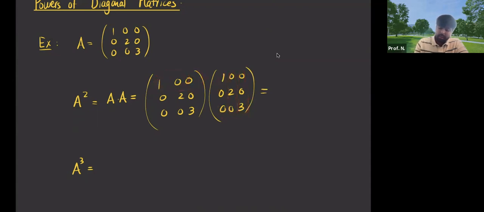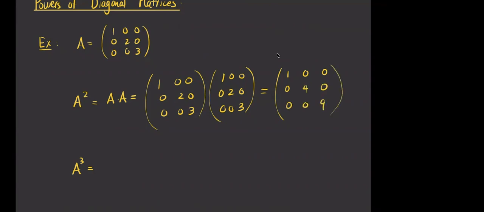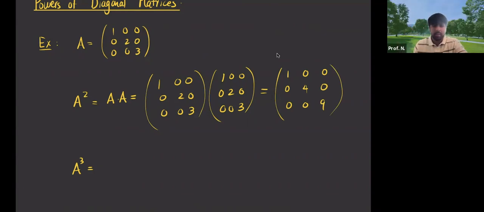Do you see how the first row is just going to be 1, 0, 0? And look what happens here. A lot of these zeros cancel things out. But what happens? We get 0, 2 times 2 is 4, 0. And we get 0, 0, 9. So when you square a diagonal matrix, you're really just squaring the diagonal entries.